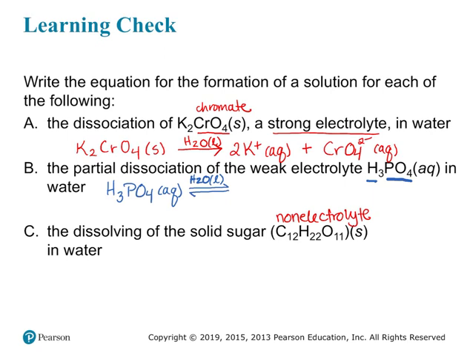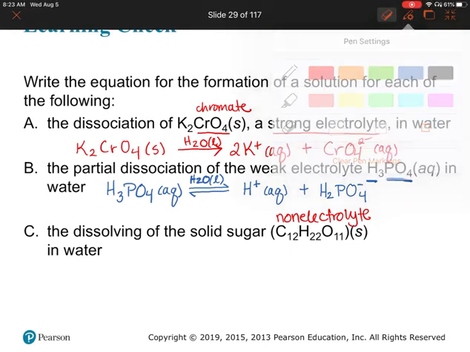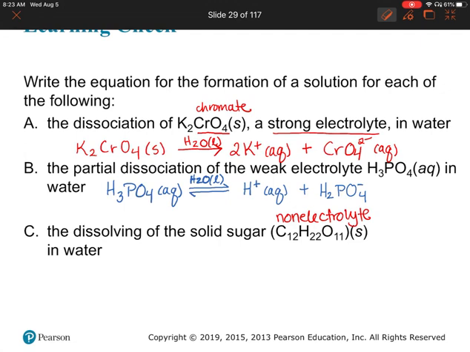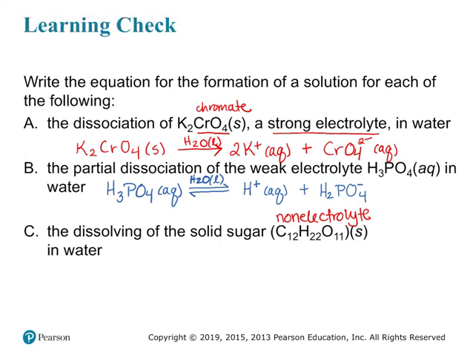Now, acids usually only give up one hydrogen at a time, so you could write this as H plus whatever's left over, which would be H2PO4, and then the charge would be -1 because it is giving up a positive ion. So we'd have a negative charge left over. So that's one way to write this.